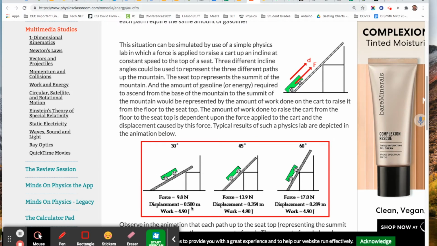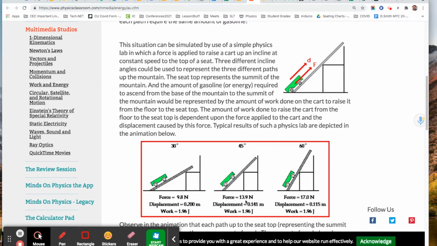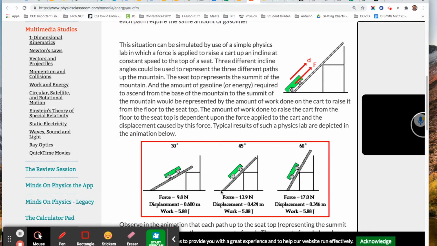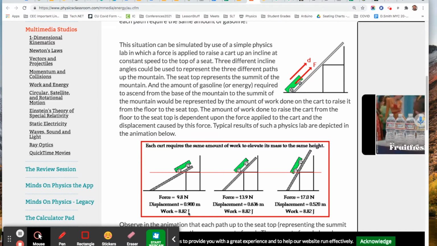If you look at this one right here, it has 0.9 times 9.8 because the work is 8.82. Now notice on this one, it's more force, but it has to travel less distance to get to the top. But notice the work is 8.82, 8.82.